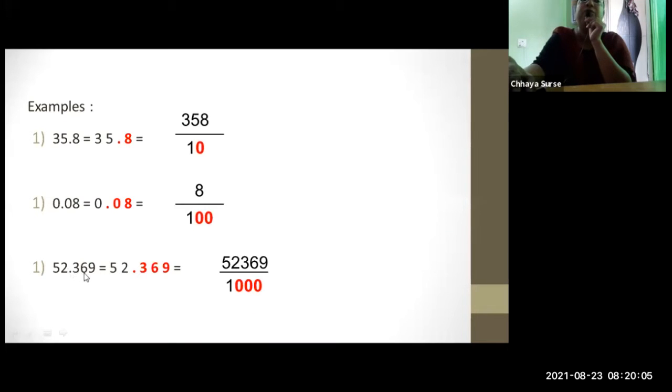So 52,369 as it is upon 1000. Now this is the decimal fraction 52.369, and we convert it into a common fraction. Clear? Understood, all of you?